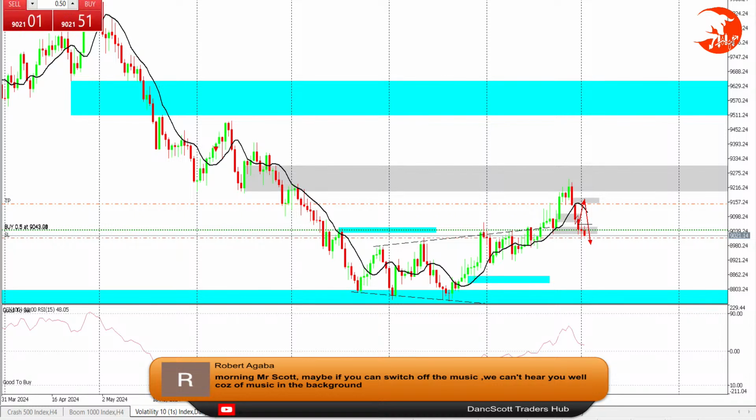This was a retest, and I don't think that we have any more liquidity to grab down below, because this was taken out, this was taken out, this was taken out. Now this has been taken out. The liquidity on this order block has been taken out. So I don't see any other liquidity that this asset will be looking for.